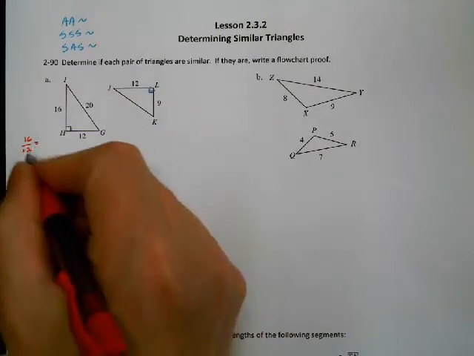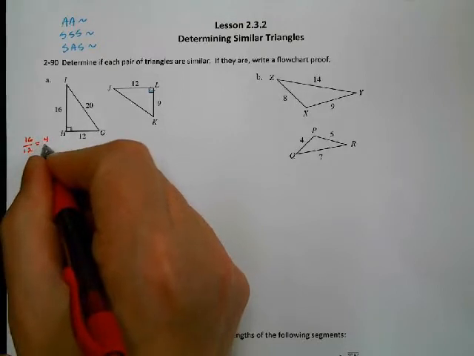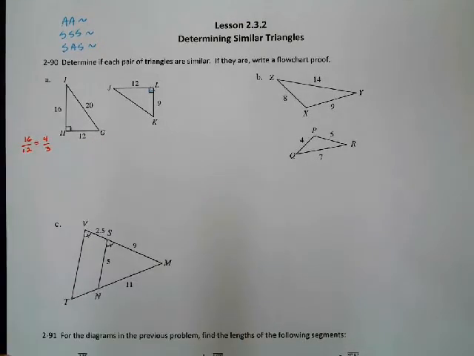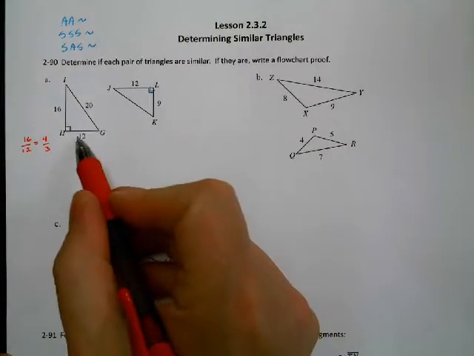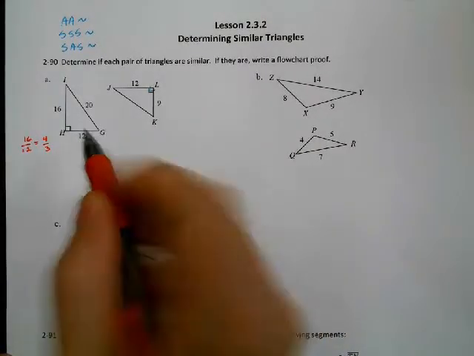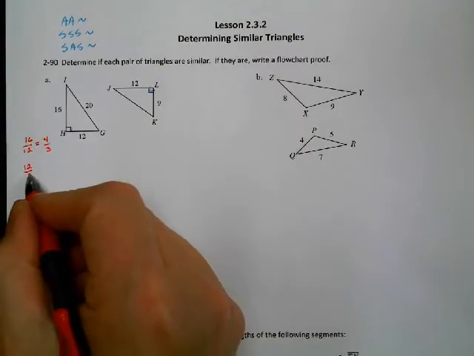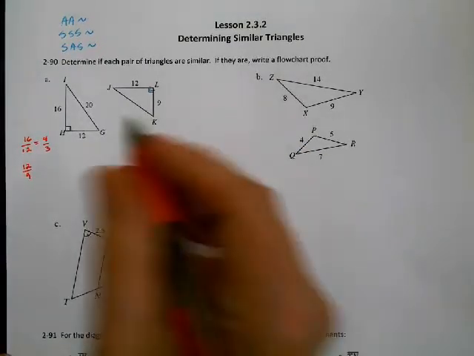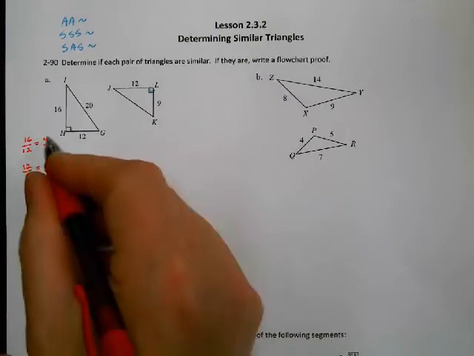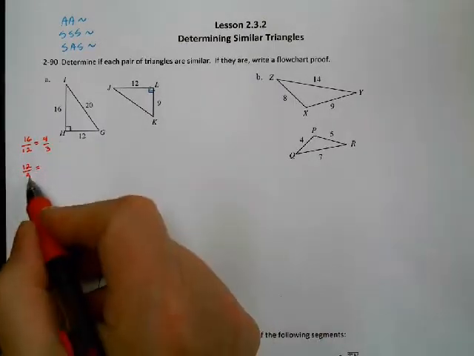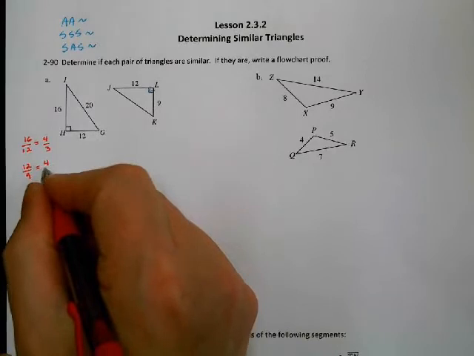Now that reduces, 4 goes into both these numbers, to 4/3. If these triangles are similar, I should be able to take this corresponding part of 12 and compare it to 9 over here. Those are the smaller parts of the legs, and they should reduce to the same number. Now 3 goes into both of these, so I get 4/3.